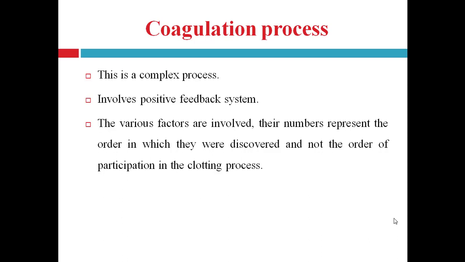Different clotting factors are indicated by their numbers, like factor 1, factor 2, factor 3, factor 6, 7, 8, 9, 10, likewise. The number does not indicate the order of participation of that factor in the coagulation process.